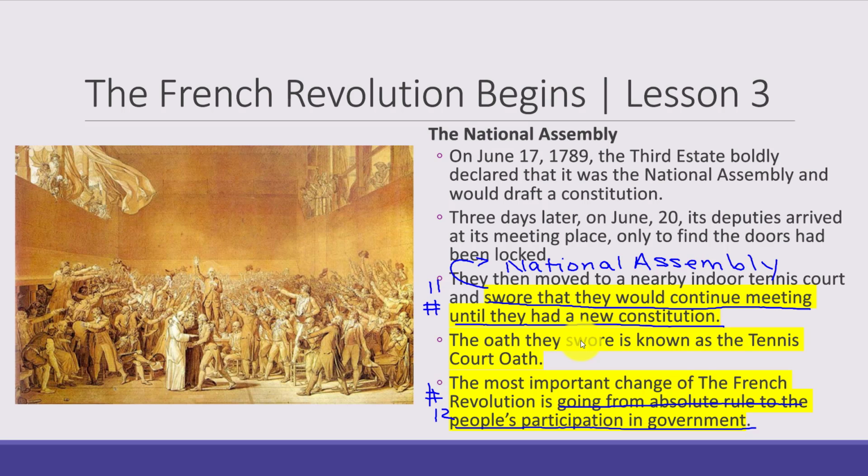And this was important for France and the revolution because now people are seeing a different way of government, and they want to move from an absolute monarchy to having more of a democratic government, having people participate more and have a say in their own government. So now government is going to switch. Okay, it's going to change drastically. All right, and that's your answer for number 12.